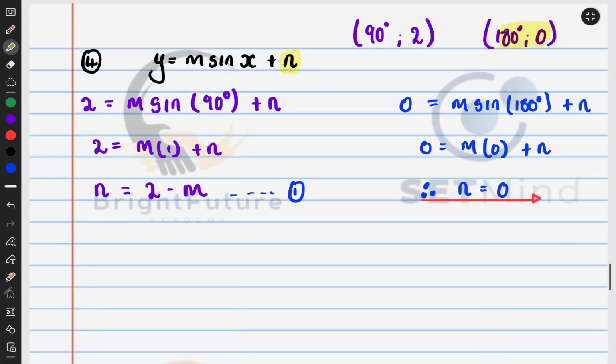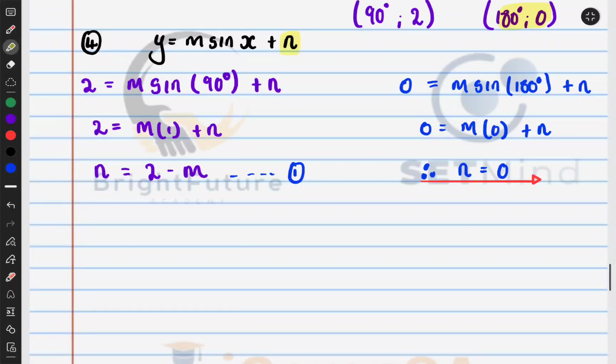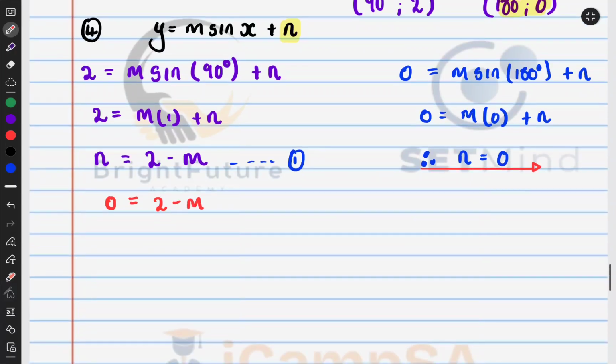And then if n is 0, let's come here and solve for m. We're going to have 0 is equal to 2 minus m. Therefore, we're going to have... what is this? It's going to be -2.